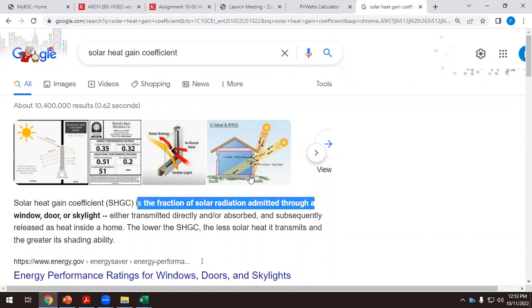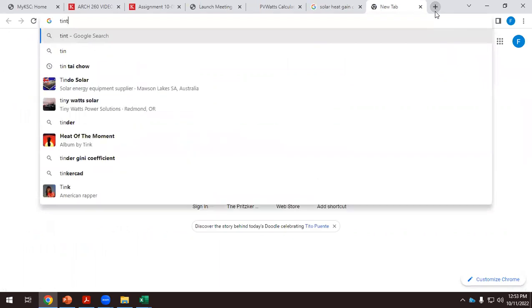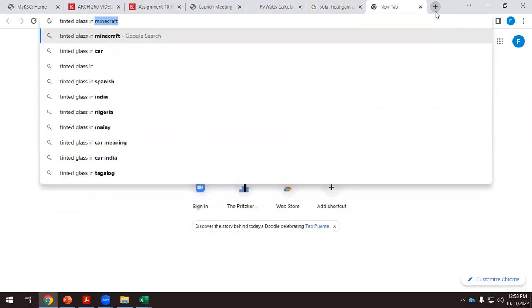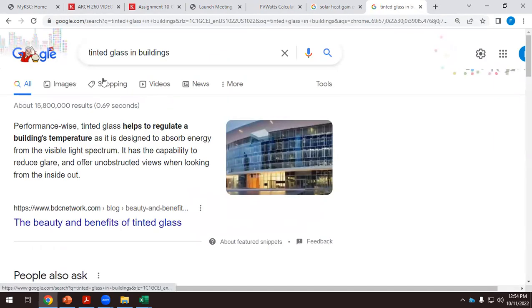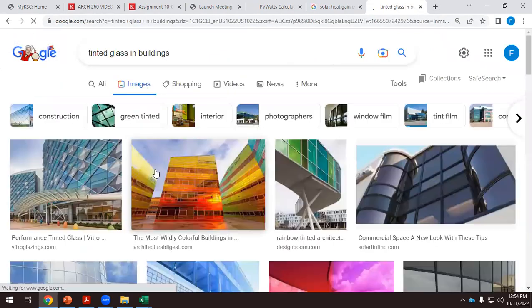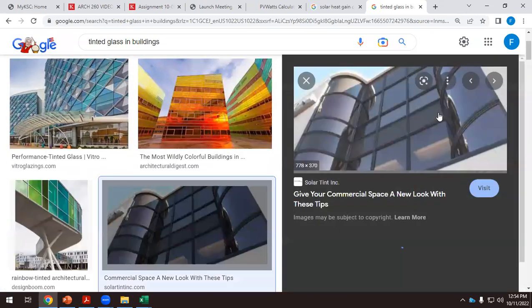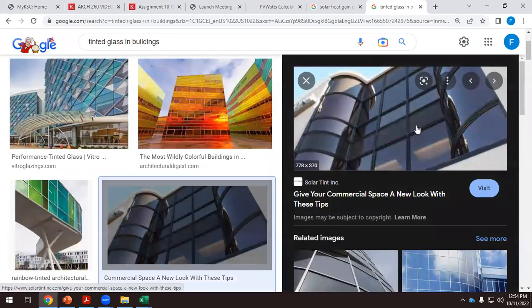So in buildings, we can have this kind of tinted glass. Okay. So sometimes we tend to think that the glass is transparent, but it's not.